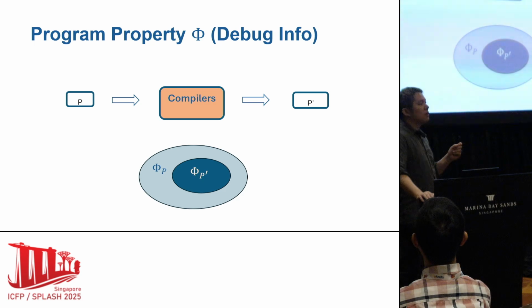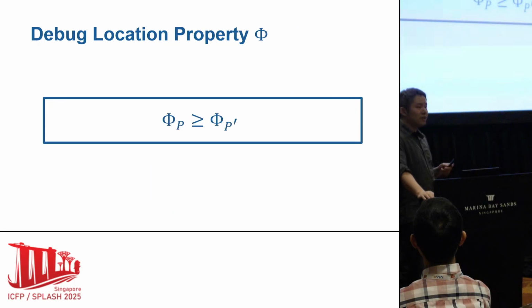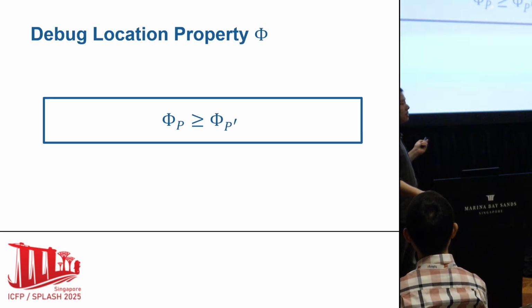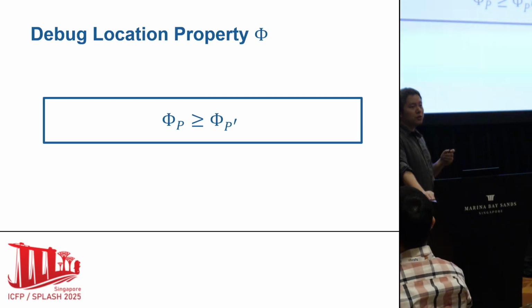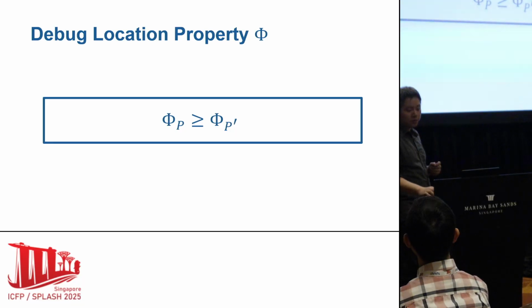In other words, your P prime is a refinement of P. Therefore, the behavior of P prime is a subset of P, which intuitively makes sense. So to sum up, the information that we want to validate in the context of debug location validation is that the debug location information associated with P prime is a subset of the property associated with the unoptimized program. Okay? So that's the oracle.